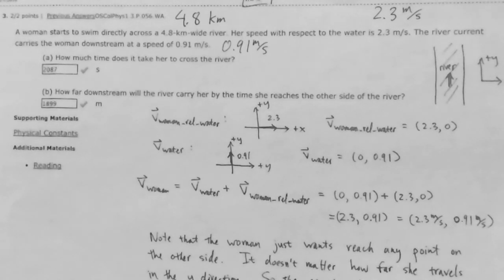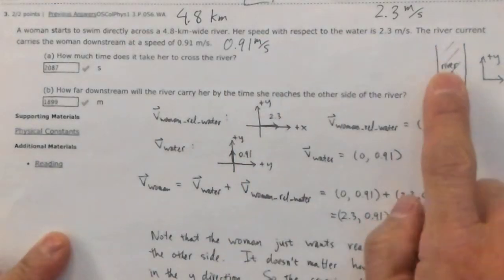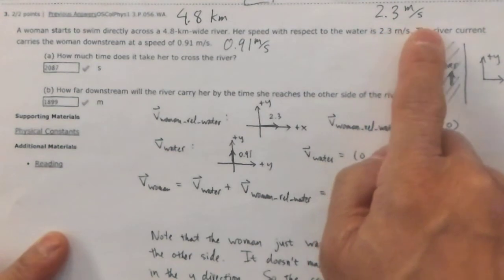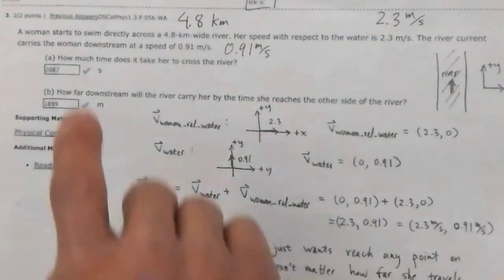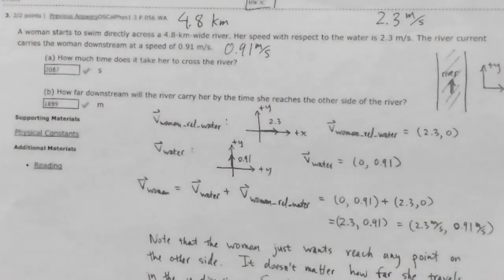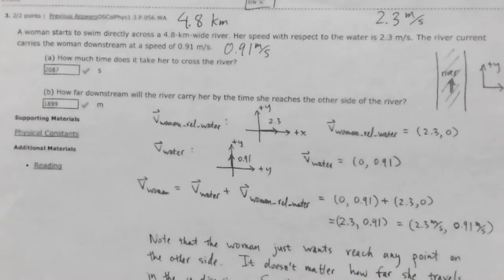It's how fast the river is flowing. Yeah, so the river is flowing 0.91 like this. She will move 2.3 meters per second. She's going to go directly across, and the question is how long does it take?